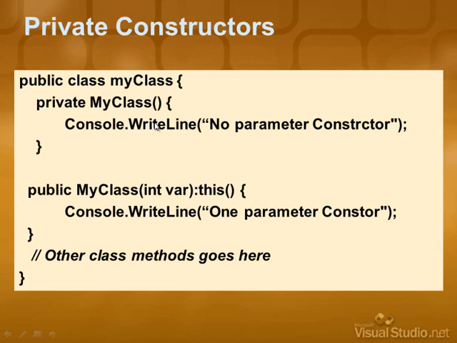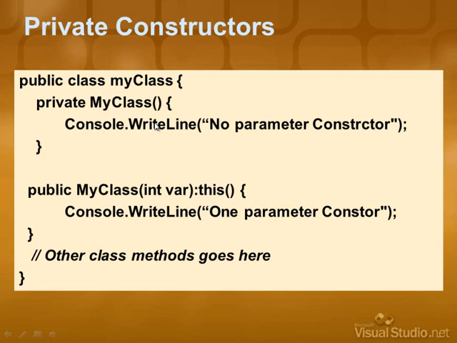Now it is gender. Why do you require a private constructor? What is the meaning of saying private constructor? Yes? The constructor is not exposed out to the world. So, what is the use?